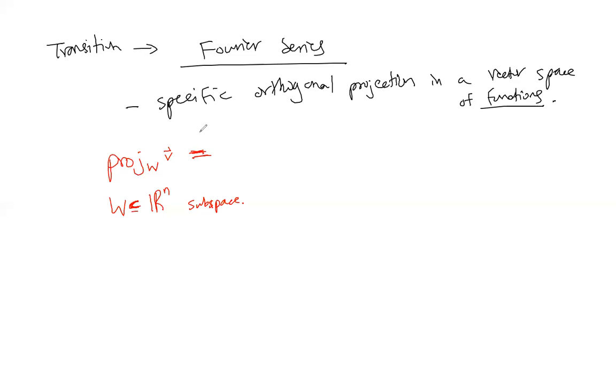There's just a formula for it. In order to actually compute it, we need an orthogonal basis of W. So we need to pick W1 through Wd, not n necessarily. This is an orthogonal basis of W.